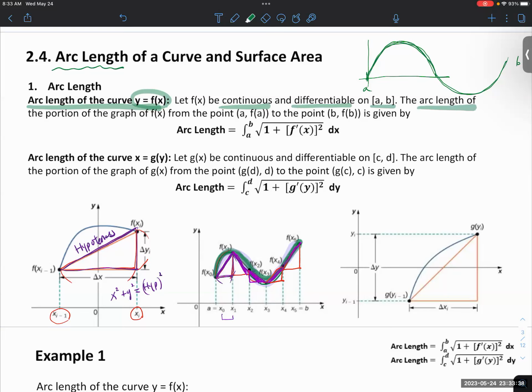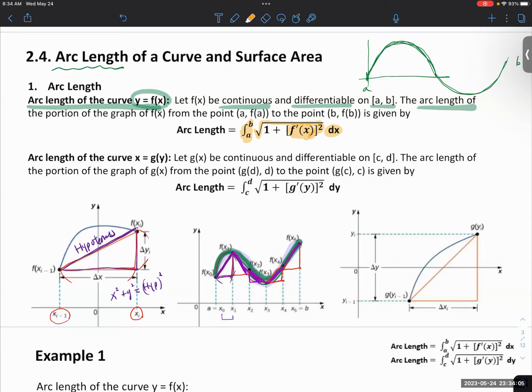So the formula will be a little bit unique, but basically you have an interval from a to b, and then put the radical of 1 plus the derivative of that function to the second power, and then you take the integral. That's how you can find the arc length of the curve when the function is represented with the y variable.